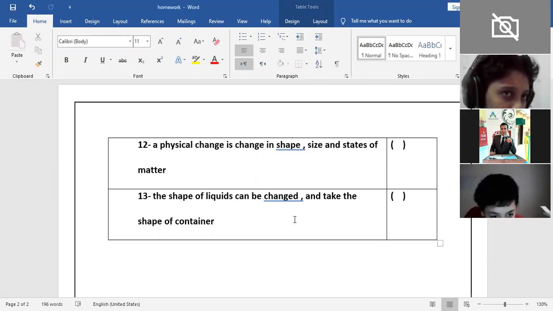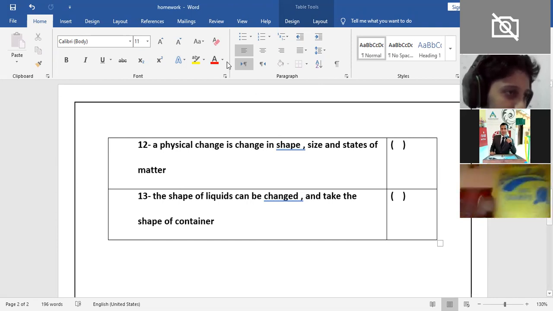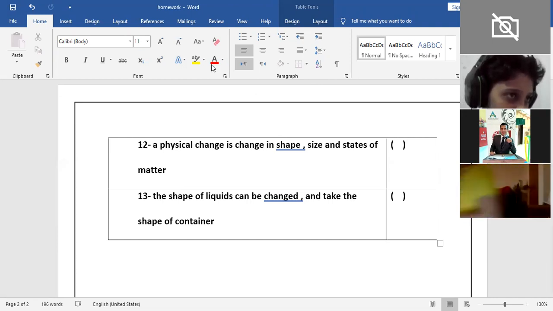Yes, you are excellent. So number 12 is true. Why? Because a physical change is a change in size, shape, and maybe a change in the state of matter, like melting or evaporation or freezing. So number 12 is true. Okay, thanks, Abdurrahman.